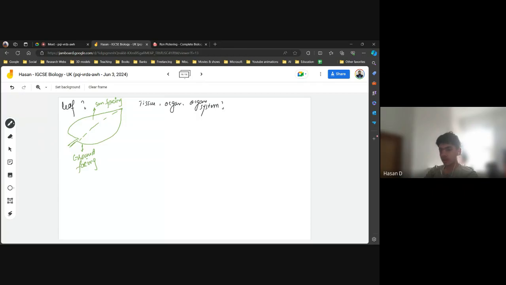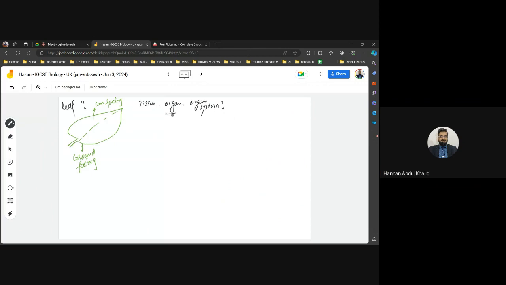It's an organ, right? A leaf is an organ. And if it is an organ, then to understand the organ, we need to study the tissues of that organ.